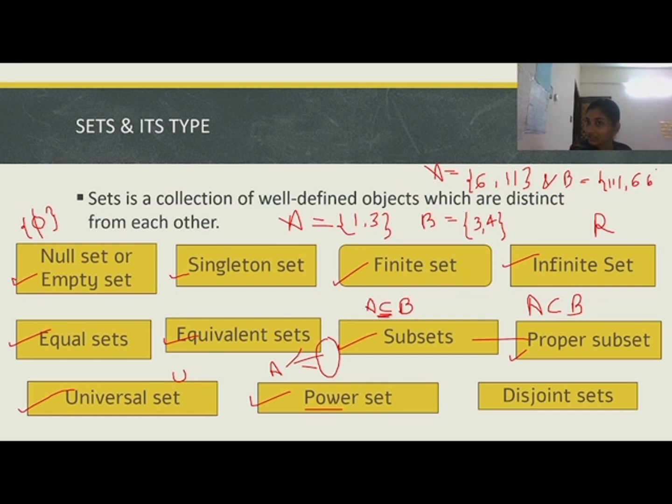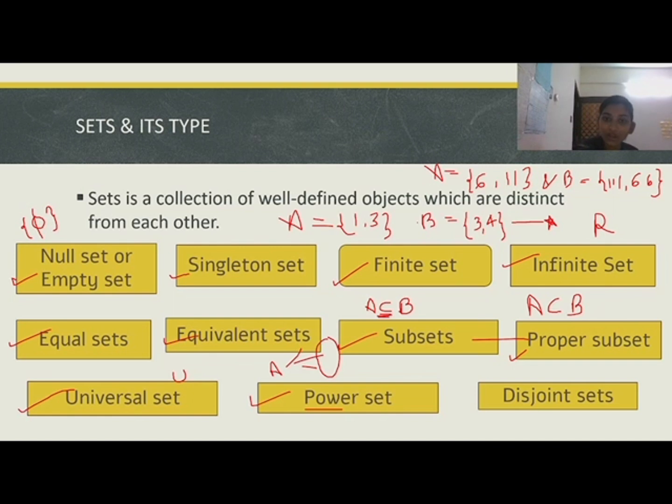So are these two sets disjoint sets? Yes. Why so? Because none of the elements which are present in A are present in B. Hence A and B are disjoint sets. Now, if I ask you a question for this example which I have given previously, are these two sets disjoint sets?